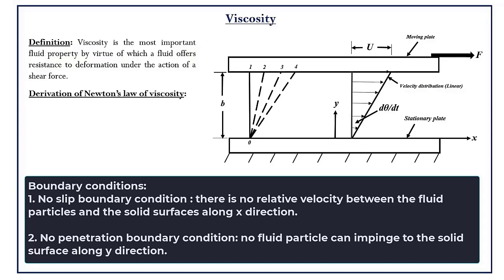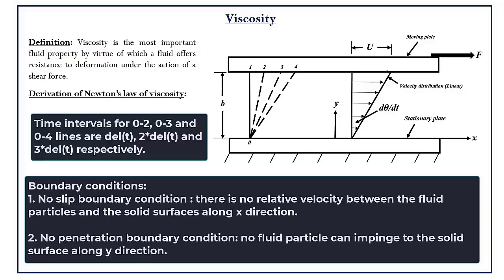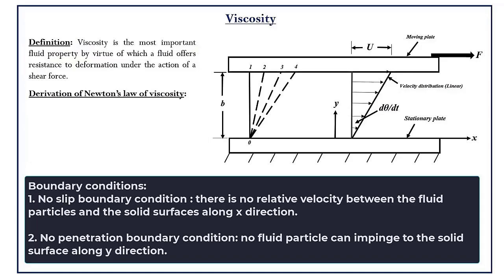The 0, 2 line represents the position occupied by the same fluid particles at some time interval, let t is equal to del t. Similarly, the 0, 3 and 0, 4 lines represent the position of fluid particles after t is equal to 2 del t and t is equal to 3 del t respectively.